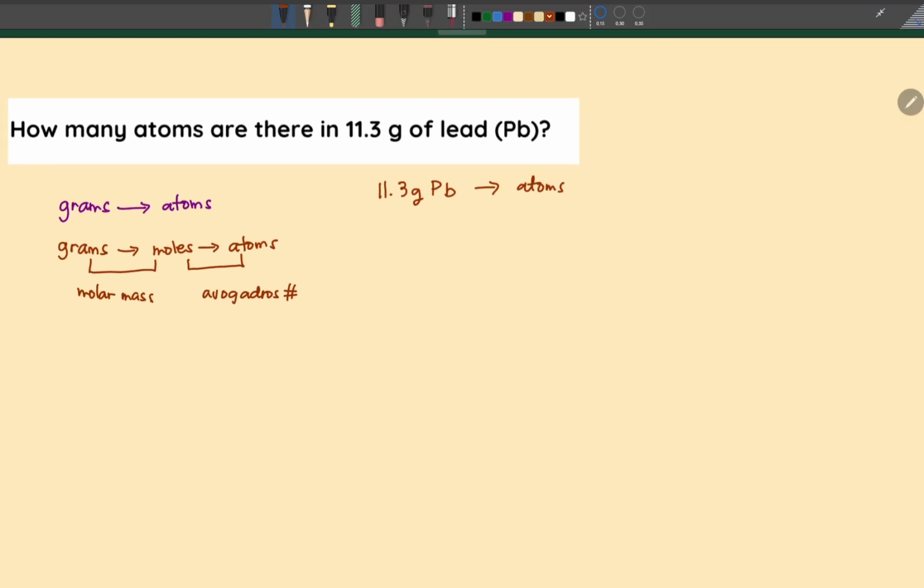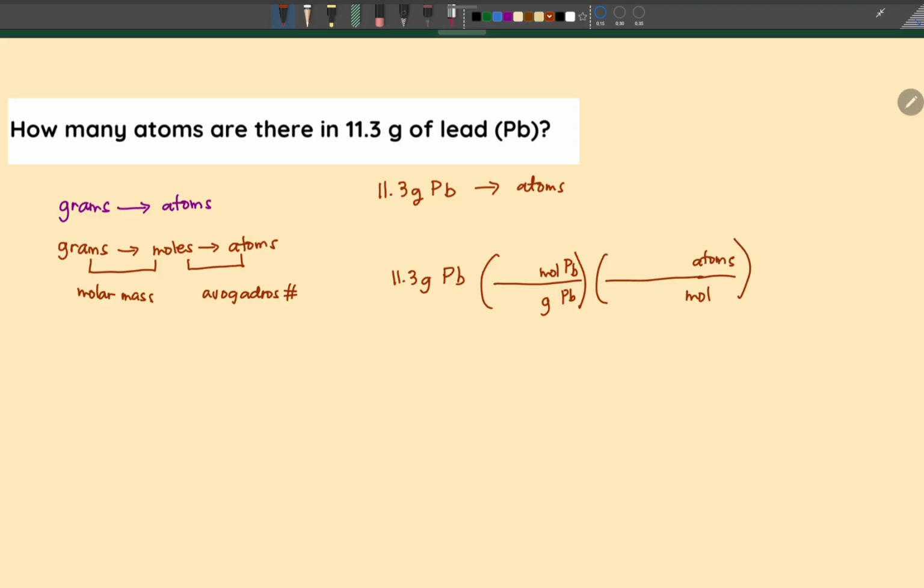So we write 11.3 grams of Pb multiplied by grams of Pb, then to moles of Pb. Then after we convert that, we have to multiply this by mole and then atoms.